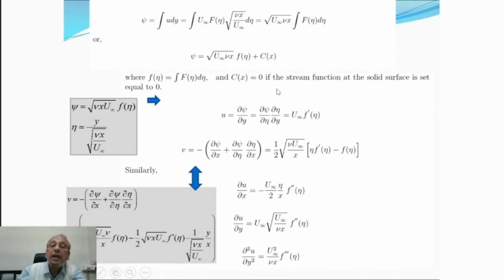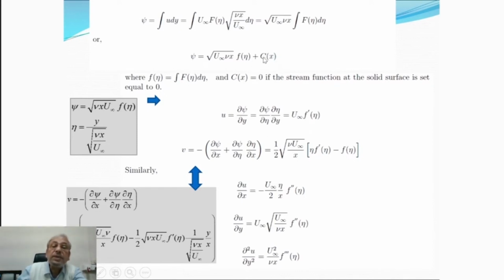We know that the stream function is also representative of the mass flow rate or the volume flow rate. So the value of the stream function at the solid surface is 0, so Cx becomes 0.